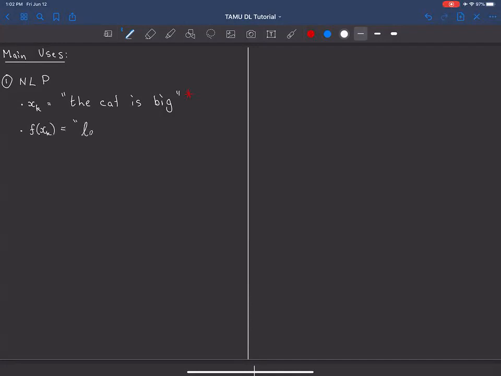Let's see how rusty my French is. Le chat est grand. I think that's at least a second grade level translation. So somehow you want to go from one vector to another vector, or maybe more precisely from a vector x_k to a probability distribution over vectors of outputs in French. So that's roughly how NLP tasks work.